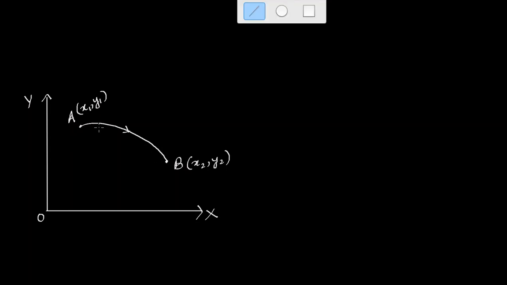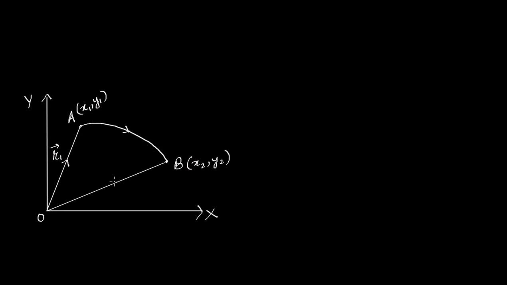So if we join with a line from the origin to point A, this gives us the position vector of the body at A. Let's call this position vector R1 bar. All right. And again, if we join from the origin to point B, then this will give the position vector of the body at B. Let's call this R2 bar.